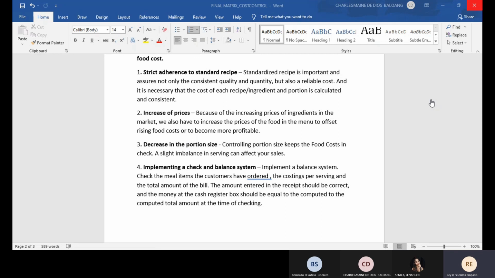Number 4. Imposing a check and balance system.